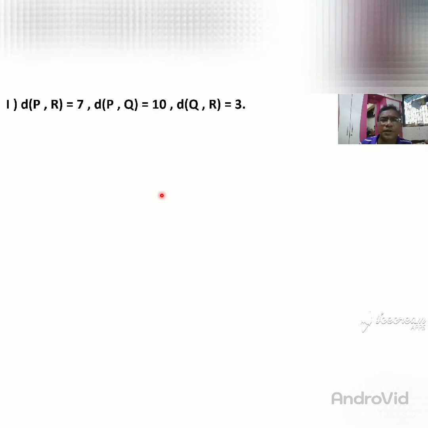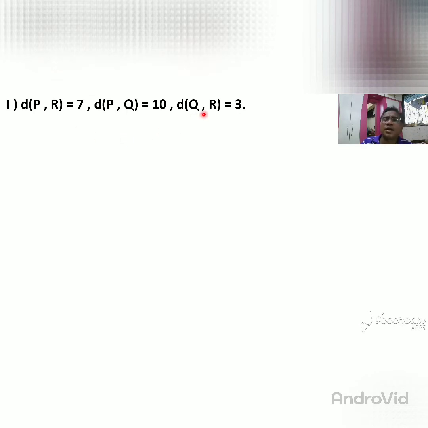So we can solve question number first here. See, here is written distance P comma R 7, distance P comma Q 10, distance Q comma R 3. Which distance is greater? PQ. So distance P comma Q is equal to what?